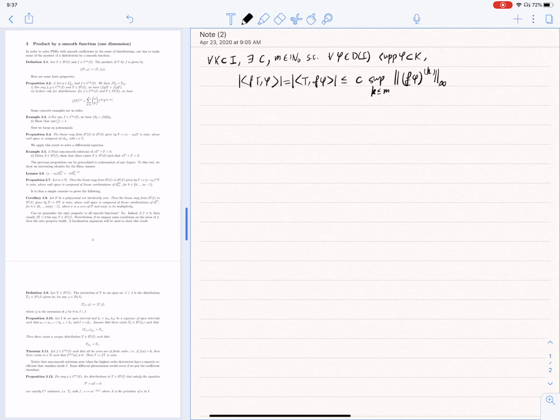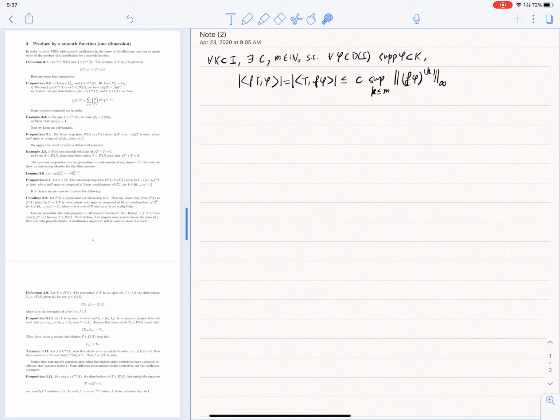Now we want to prove that the product is a distribution. In other words, on the right-hand side, we should have the same kind of formula, but with only phi in it. To this end, we are going to separate the differentiation on f and on phi.